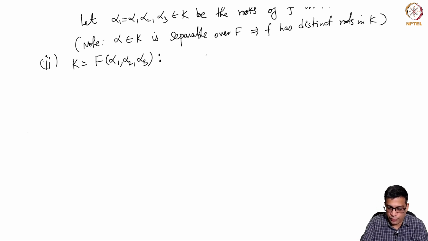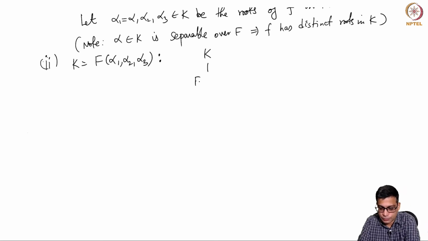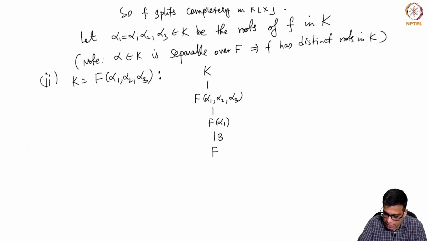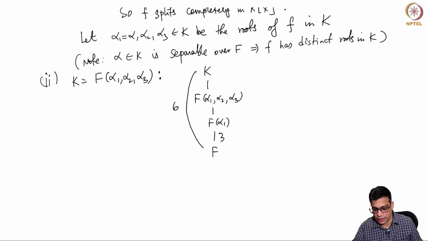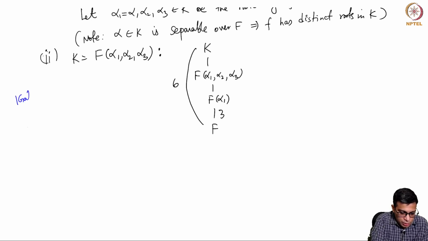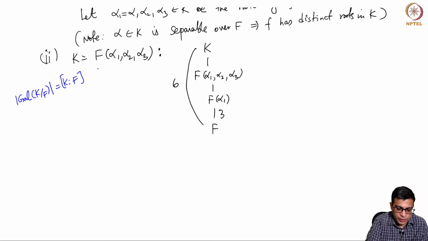So let us look at where this can fit in our picture. So this is our picture. What we know is that this is degree 3 and this is degree 6, because its Galois group is S3. So hence its degree is 6. Remember, of course, we do know that the order of the Galois group is the degree of the field extension.